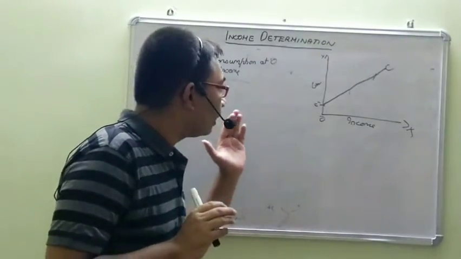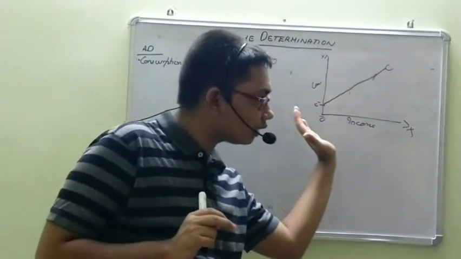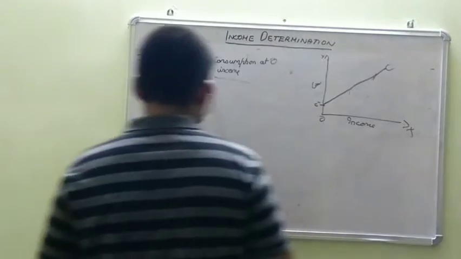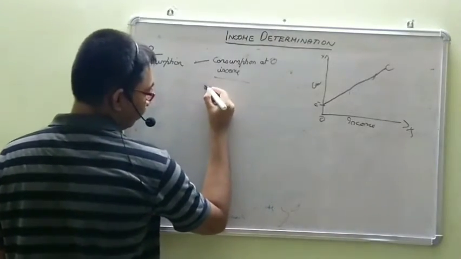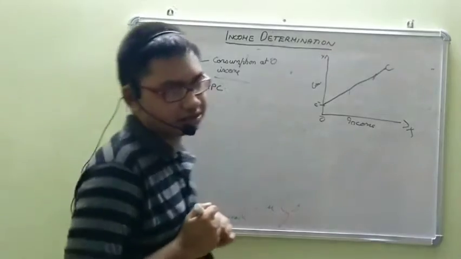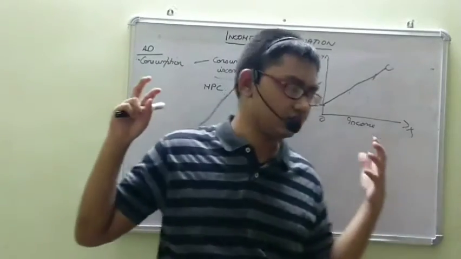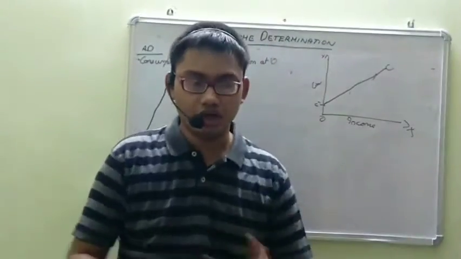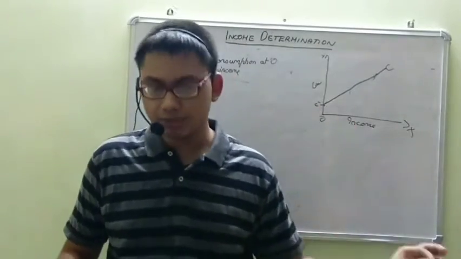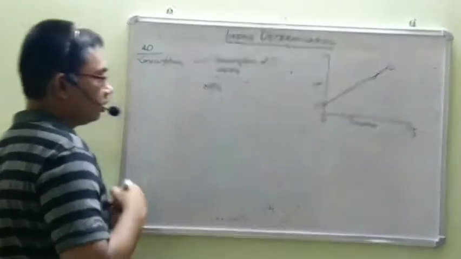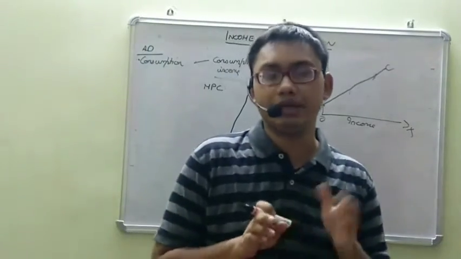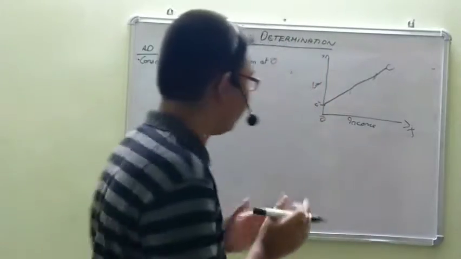So, after this, the increasing rate is the same. The slope is constant. This slope is called the marginal propensity to consume. Propensity or tendency or intention, we can call it in any manner. Marginal propensity to consume means what portion of the additional income are people consuming.